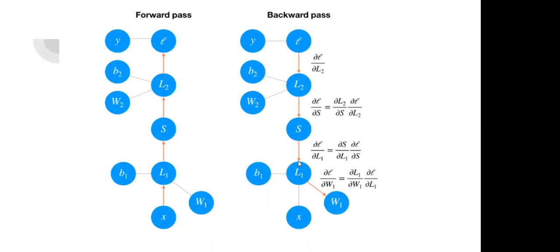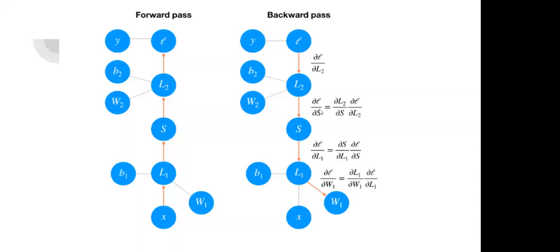We move to this node and see how loss is changing with respect to S. To calculate that, you calculate how L2 is changing with respect to capital S, multiplied by how loss is changing with respect to L2. Similarly, you go down another step and calculate how loss is changing with respect to L1, which is how S is changing with respect to L1 and loss is changing with respect to S.